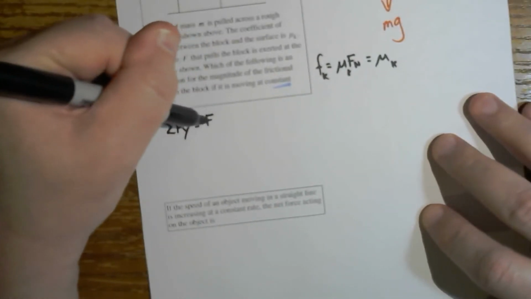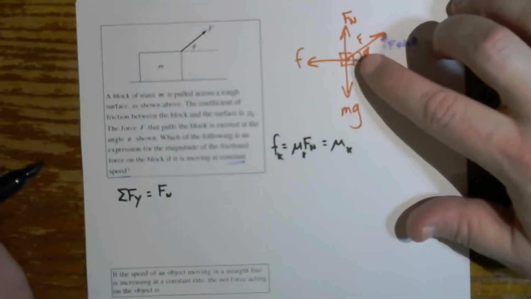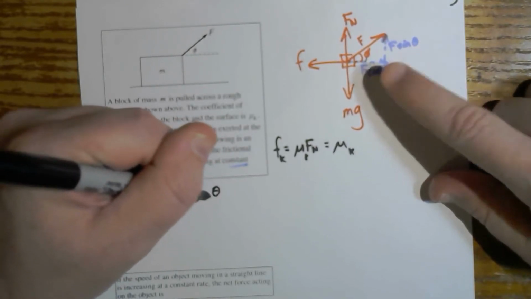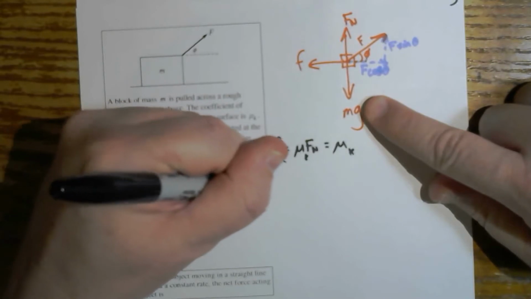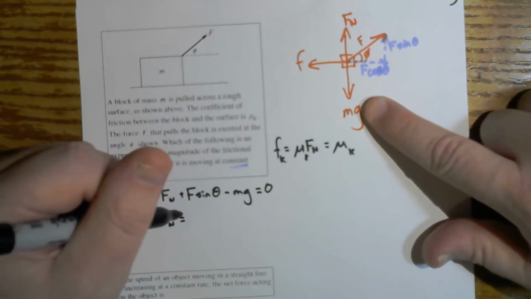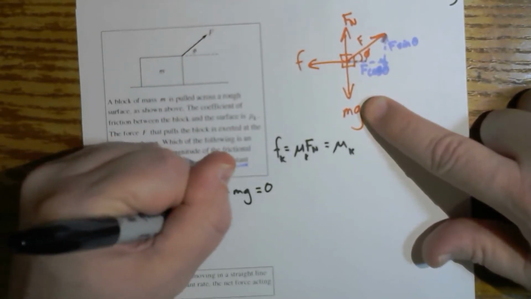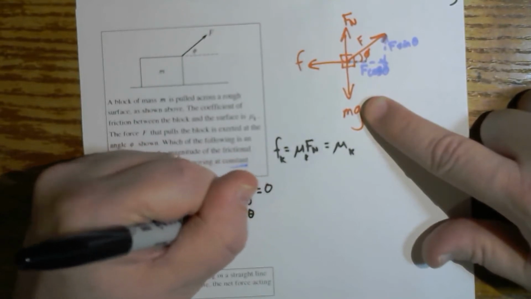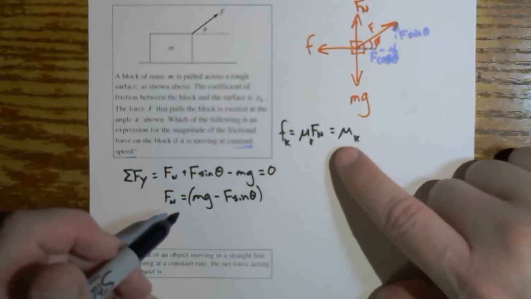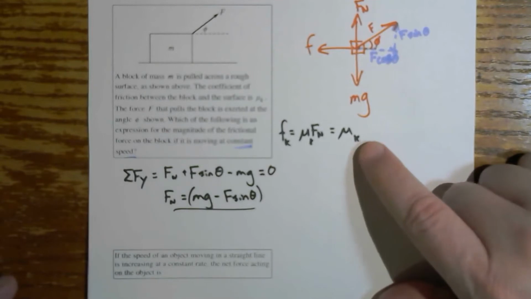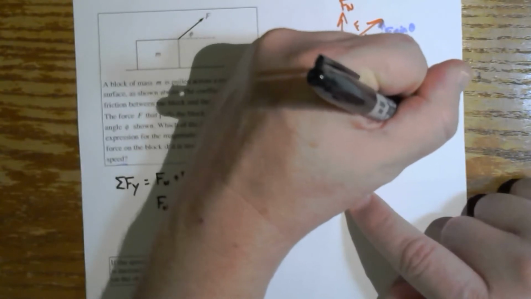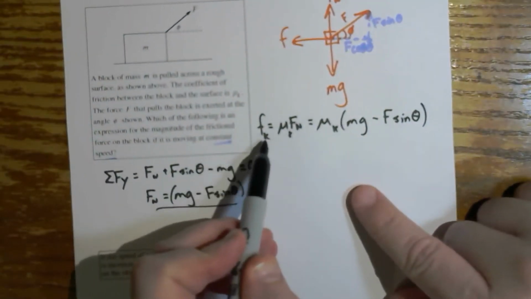You would say Fn goes up, you also have an F sine theta pointing up, and you have mg pointing down. And so those added up have to be zero. And so what you conclude is that the normal force is mg minus F sine theta. That's what our normal force is. So this frictional force has to be that coefficient times that normal force, Fn. So we'll multiply this by mg minus F sine theta. So there's my frictional force.